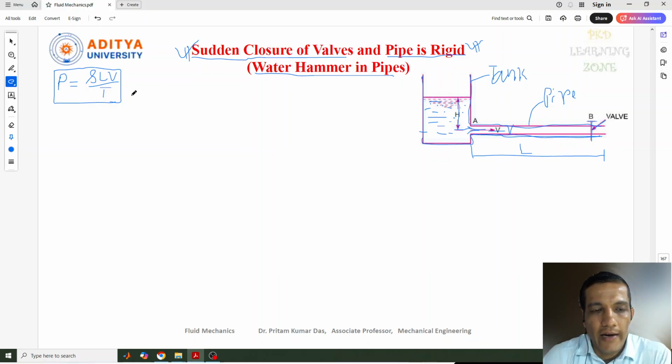Here rho is density, L is the length of the pipe, V is the velocity of the flow, and T is the time taken to close the valve in seconds.